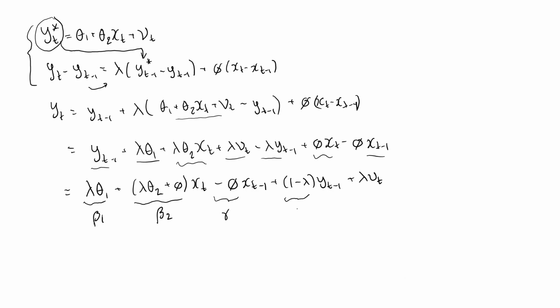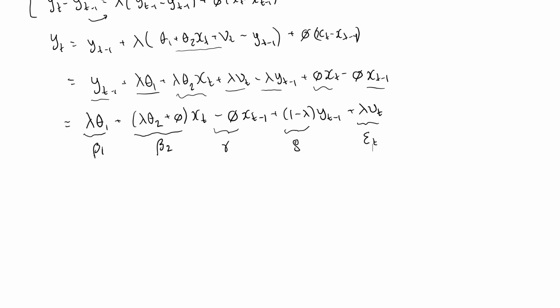And we rename 1 minus lambda rho, and the error terms, lambda nu t, is renamed to epsilon t. So we can clearly see that it's an ADL process. Yt is beta 1 plus beta 2 xt plus gamma xt minus 1 plus rho yt minus 1 plus epsilon t.